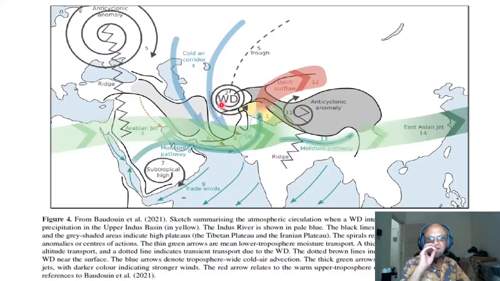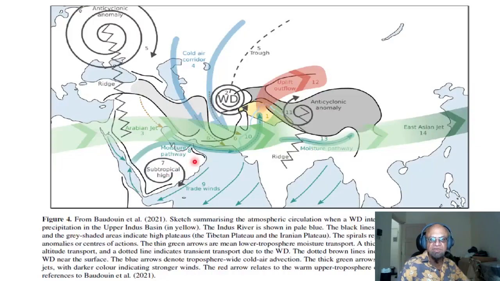WD is identified here, that's number 2. 1 is the Indus Valley, yes, 1, 2, 3 Arabian Jet, 4 is the cold air corridor, 5 is this region here, and 6 is down here, 7 is the subtropical high over here, and if we hunt for 8, I looked at the figure but obviously I didn't memorize.